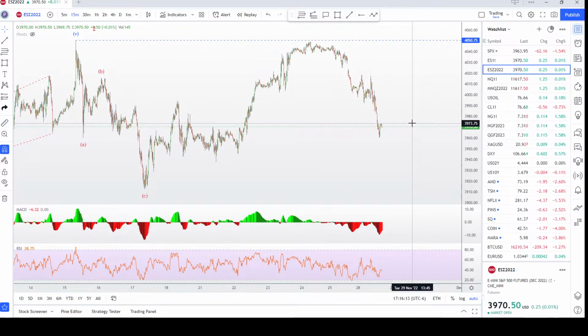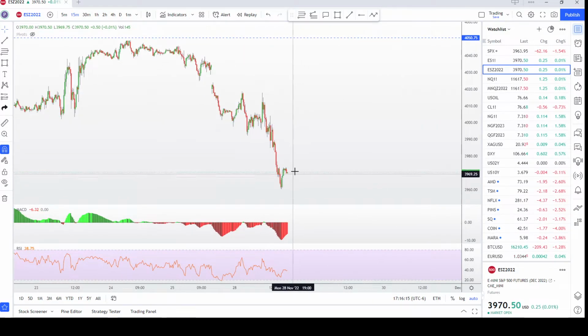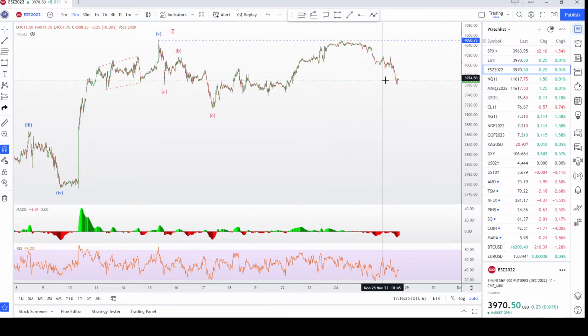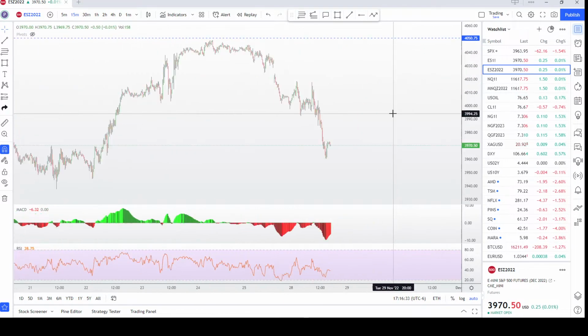So keep an eye on how this, what I think is going to end up being a diagonal. It's just a matter of, is it a leading diagonal for total downside, or is it just creating an ABC but don't break that C, and then we can still go up. So more to come on that.